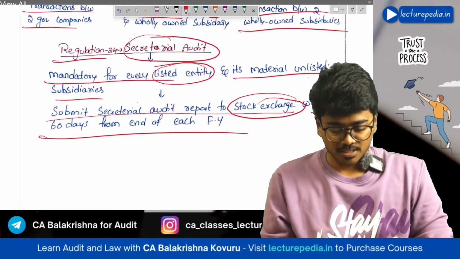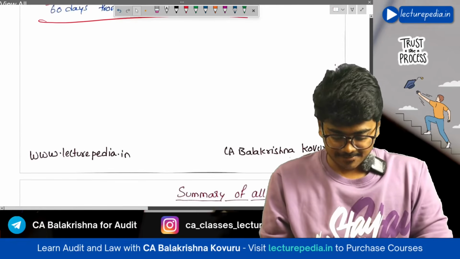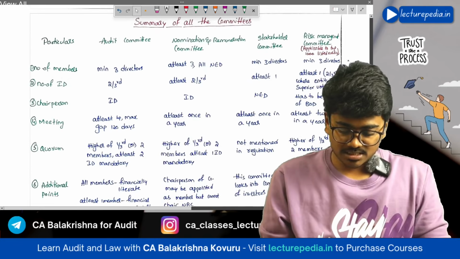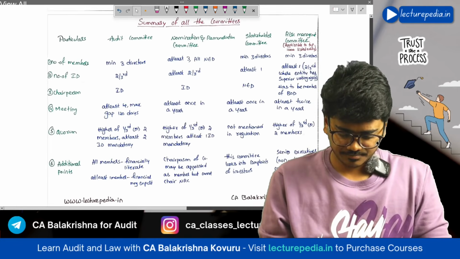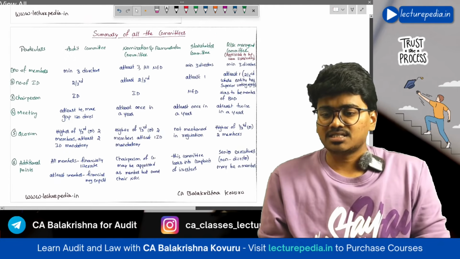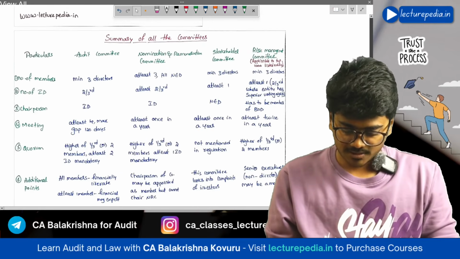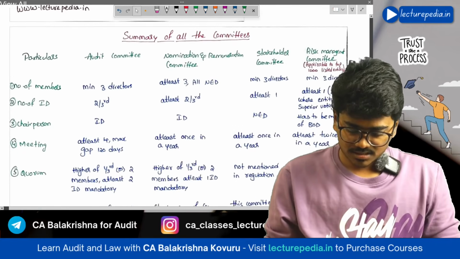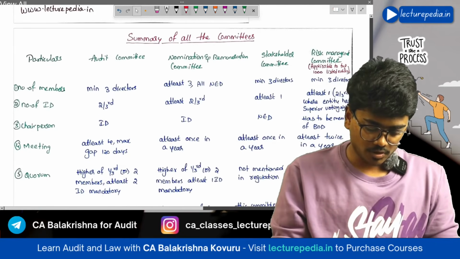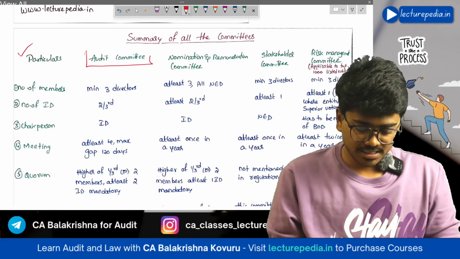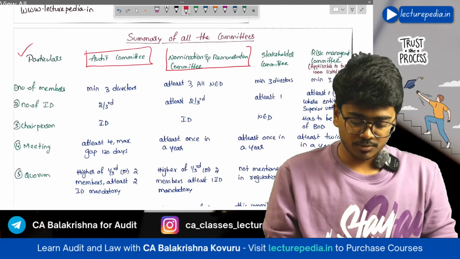Hope that is clear. Now, there are certain committees. Basically we are having 4 committees. We'll discuss them. I have given a chart of all these 4 committees. We'll go through it. See, here in the top row, you will find the names of the committees: audit committee, nomination and remuneration committee.